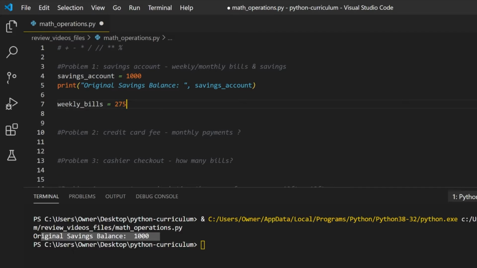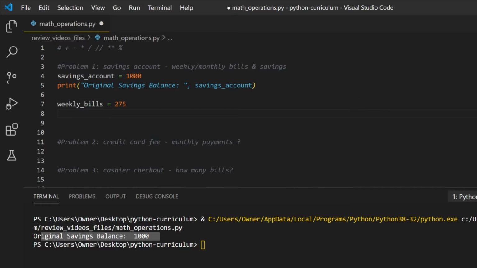All right, now we want to use this information to figure out how much we are going to have in bills monthly. So 4 weeks in a month. To do that, we can create a variable called monthly bills and set that equal to weekly bills multiplied by 4, instead of having to do something like weekly bills plus weekly bills plus weekly bills.